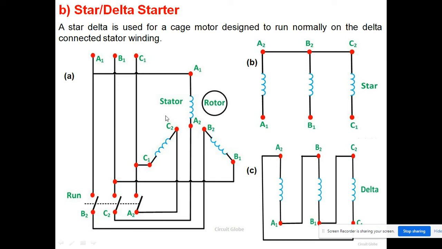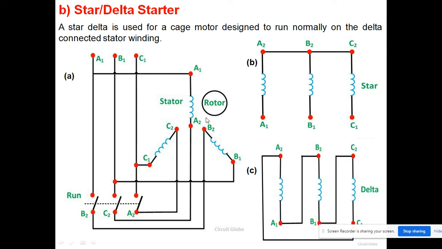You see, it is basically the induction motor. This portion is our stator and it is our rotor here. Okay, and this is the three-phase supply, and this particular portion is your induction motor. Is it okay?